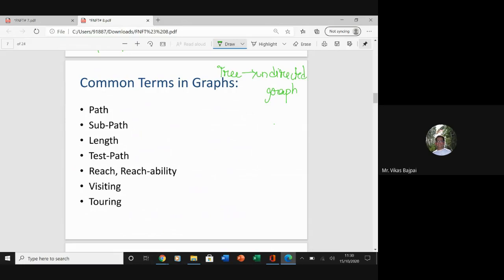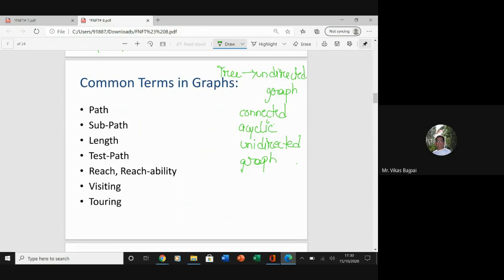And a tree is also called a connected acyclic undirected graph.